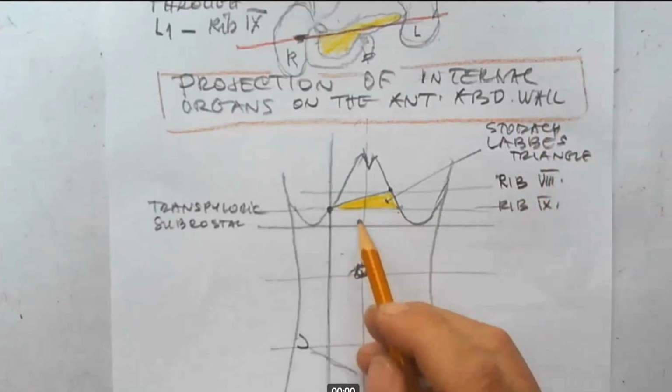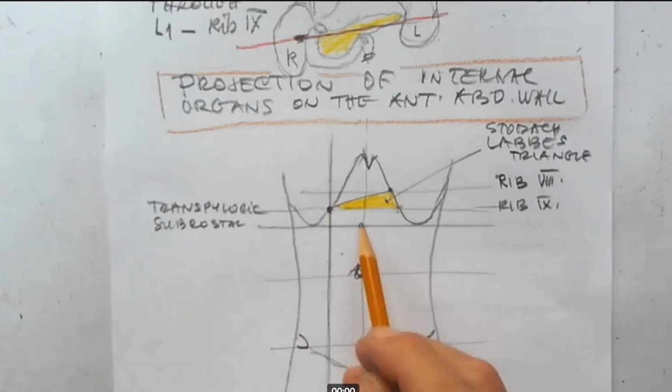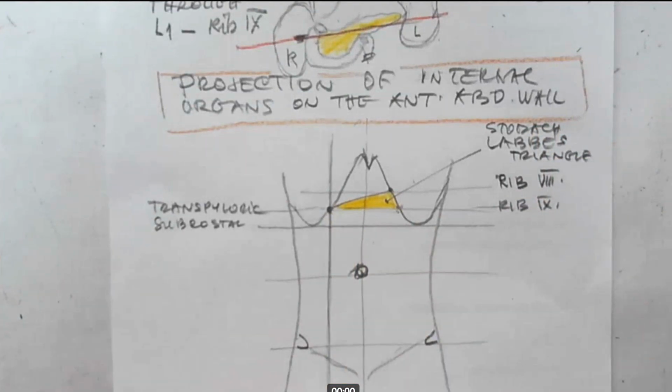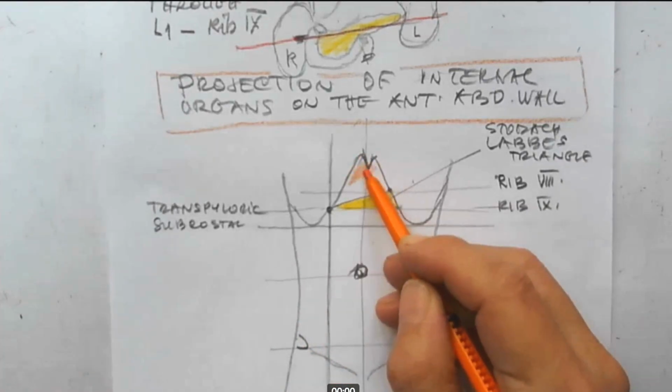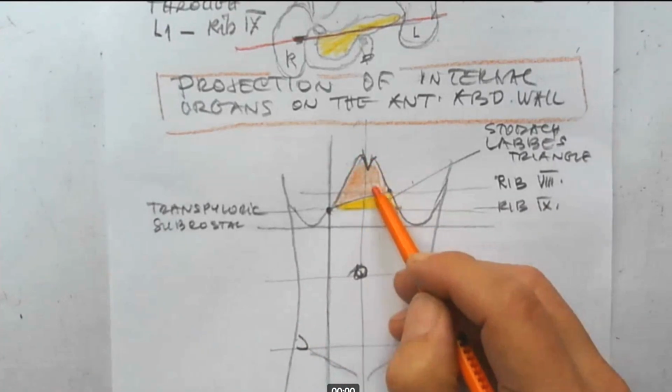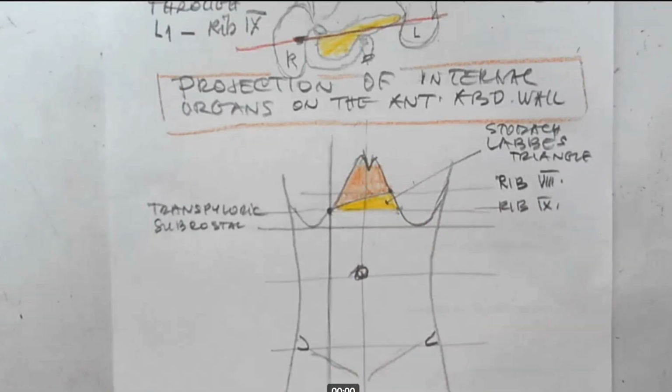So here in this area, bounded inferiorly by the ribs number 9 and 8, we can palpate and see the triangle, the stomach. Above that is the area where two lobes of the liver are situated.